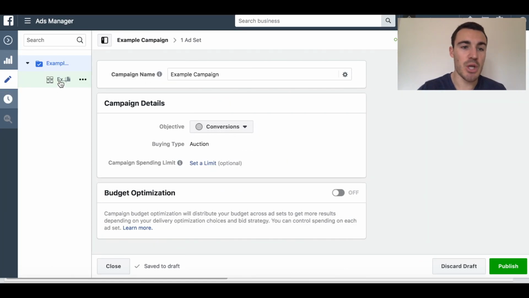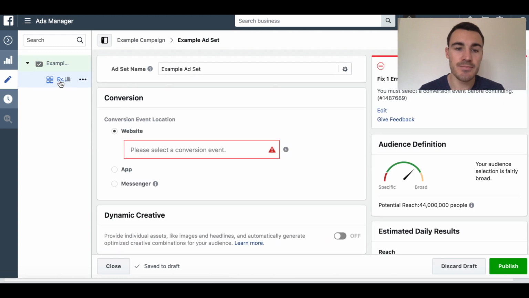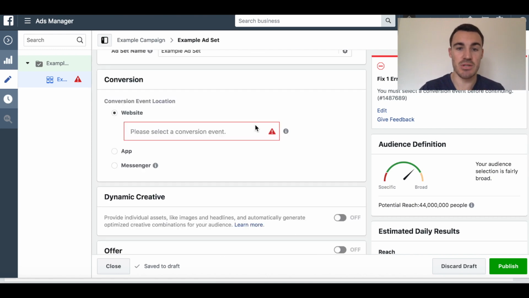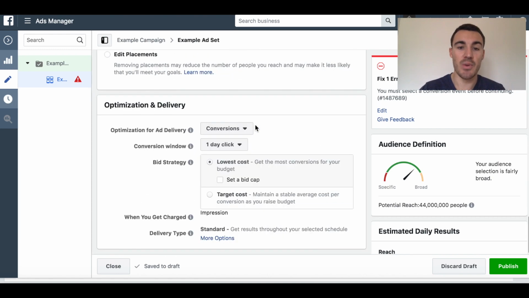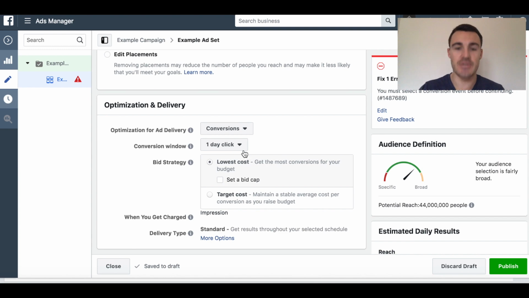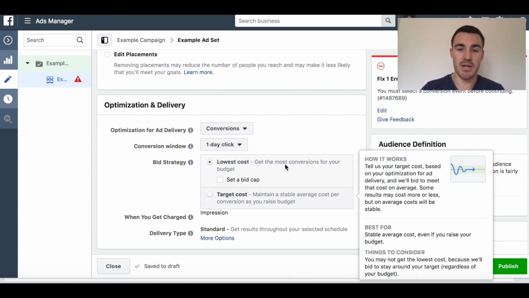And then what you want to do is go into the ad set level. Don't worry about all this stuff, obviously you can set that yourself. And then here we go, the optimization and delivery section, which you just scroll down to once you click edit ad set. And then you've got what you're optimizing for, conversion window, etc. And then you've got lowest cost or target cost.